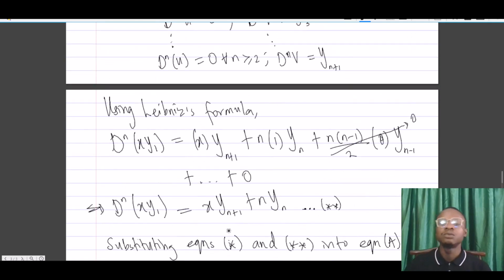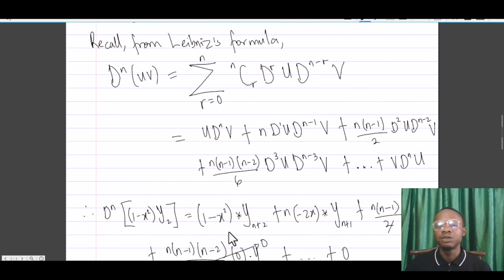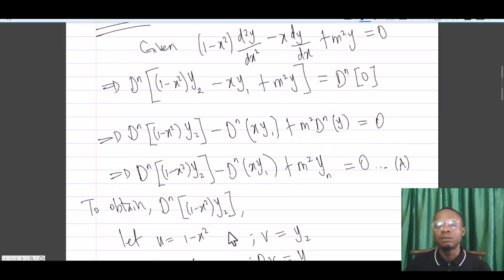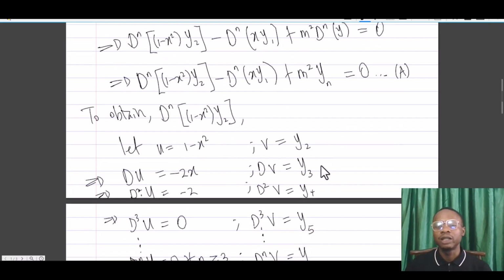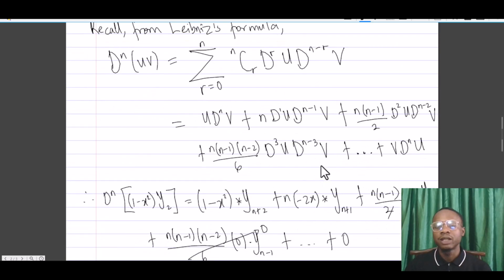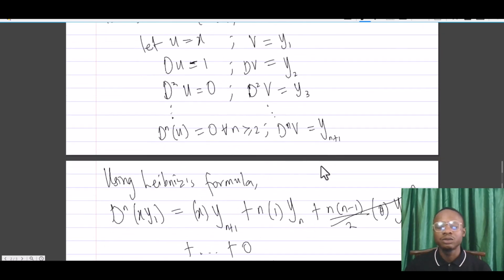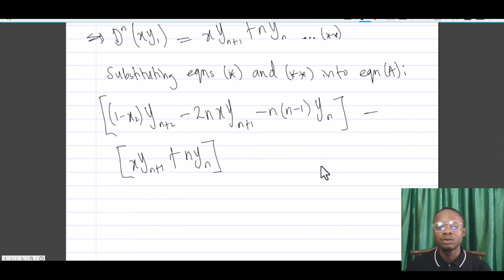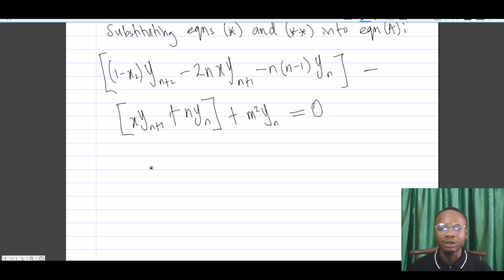Then we go back to equation A. The last term in equation A is m squared y_n. So, plus m squared y_n equals 0. So with this, we are closer to our destination.